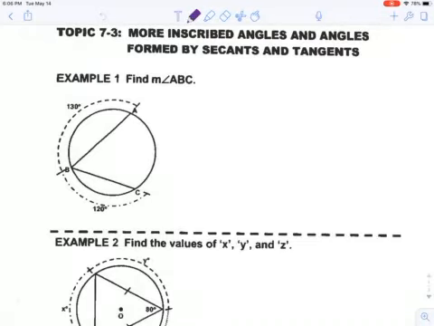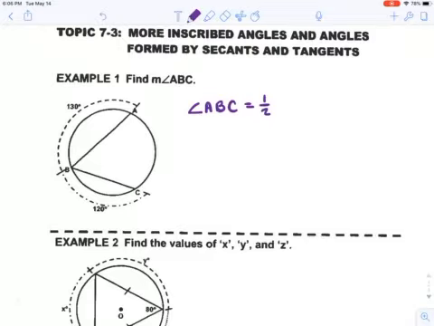Alright, so we're getting started on this warm-up on inscribed angles. We learned yesterday that the inscribed angle, so in this case, angle ABC, is always half of the intercepted arc.